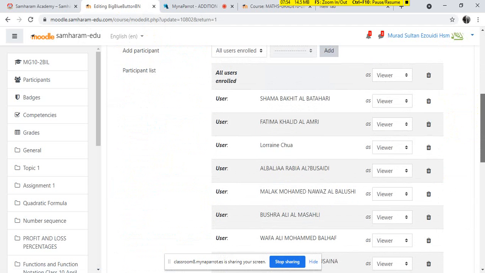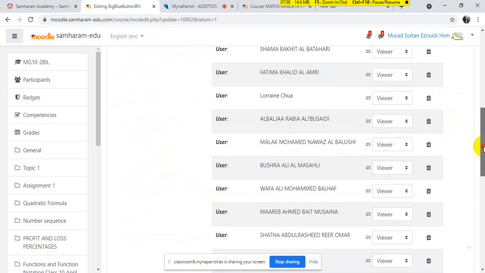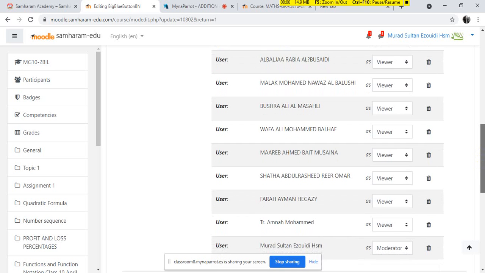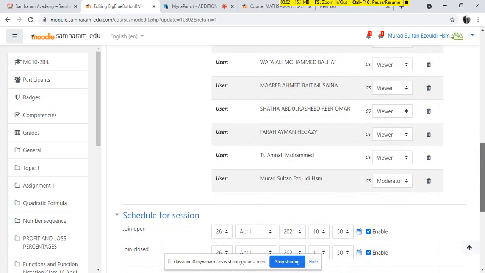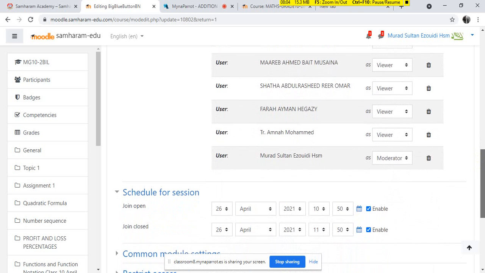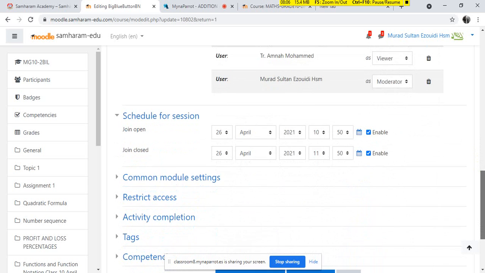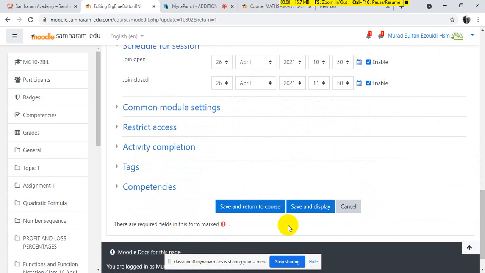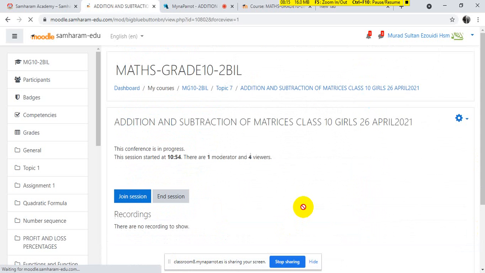So here we have Shamma, Fatima, Loreen, Al-Balja, Malek, Bushra, Wafa, Ma'arib, Shada, Farah, Teacher. Okay. All of them are here, my daughter. I will save and display. Let them try again. Okay? Let them try again.